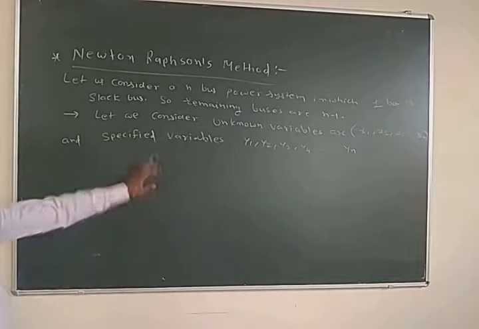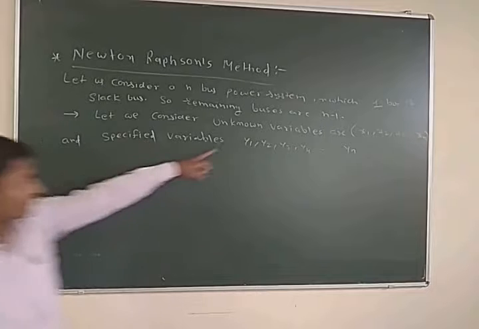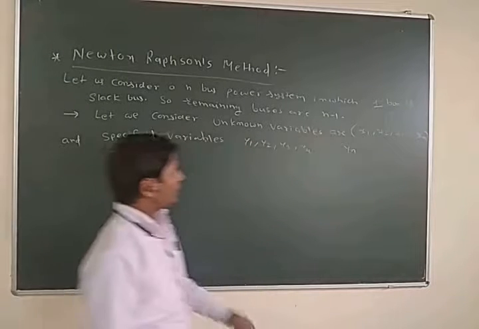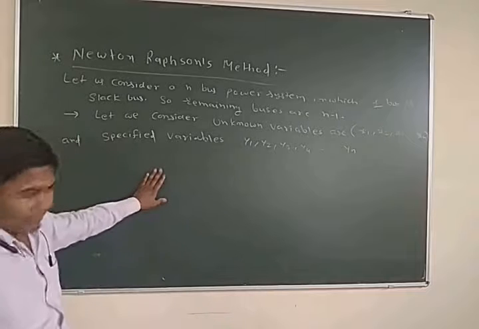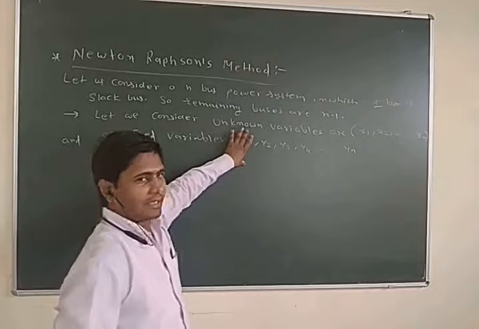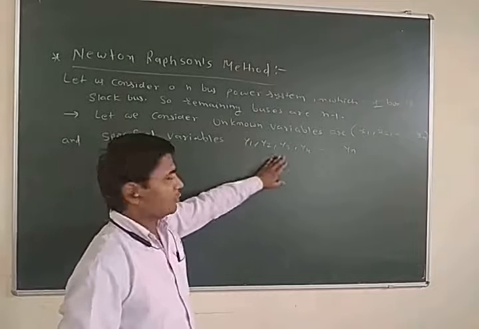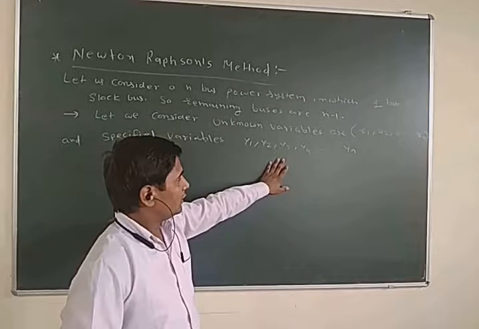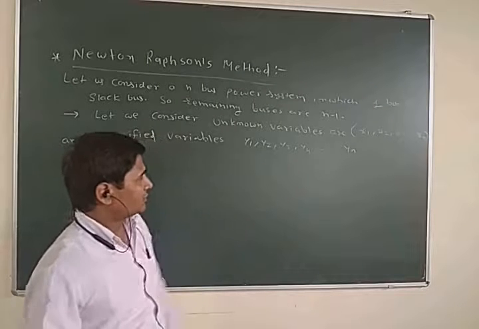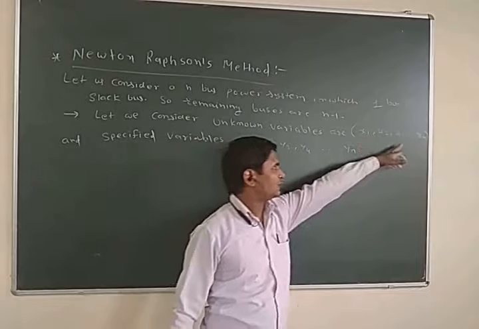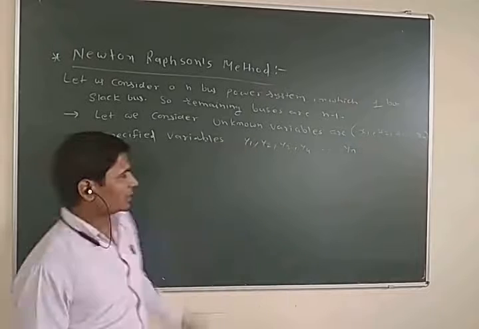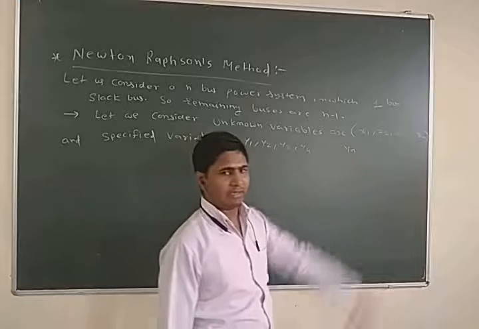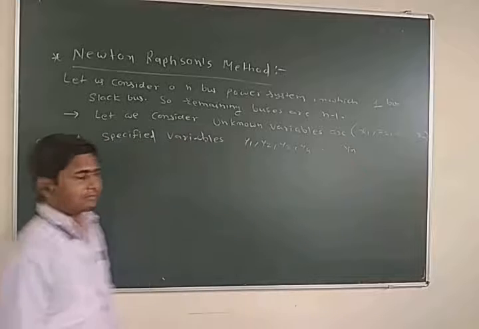So in n bus power system, one bus is slack bus, so remaining buses are n minus 1. Now when we find nonlinear equations at each bus, there are 2n nonlinear equations. Now in nonlinear equations we consider x1, x2, x3 dot xn as the unknown variables, and y1, y2, y3 dot yn as specified variables.